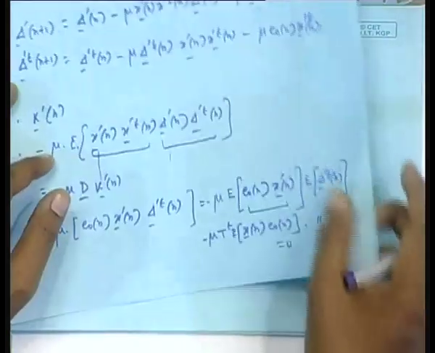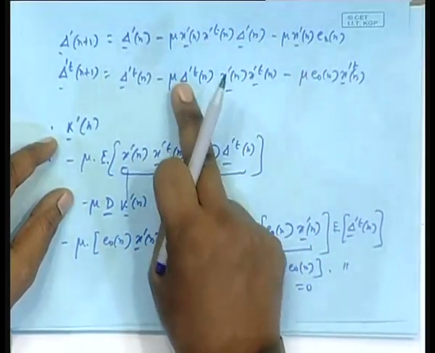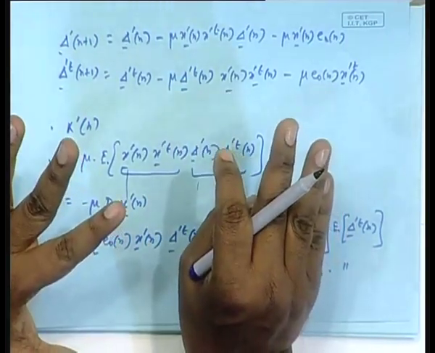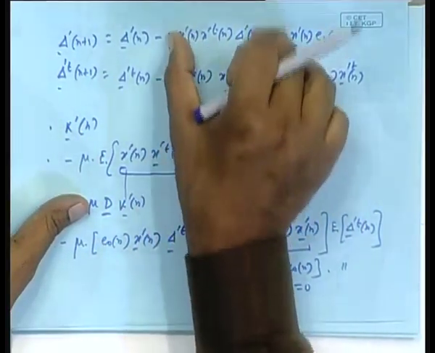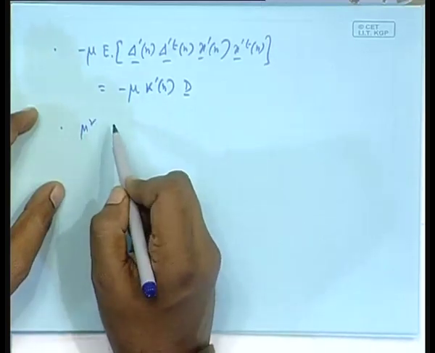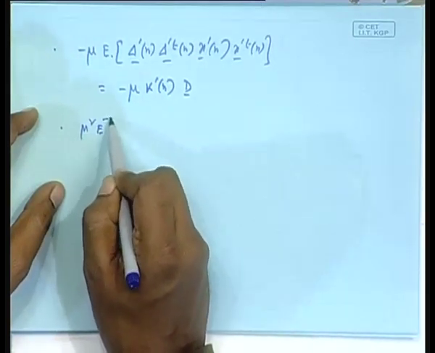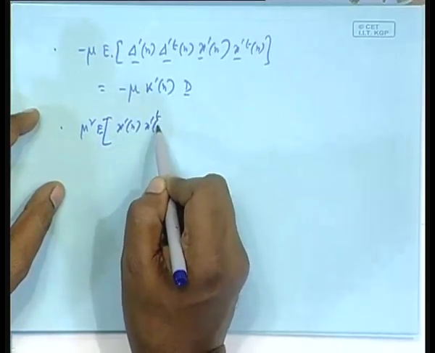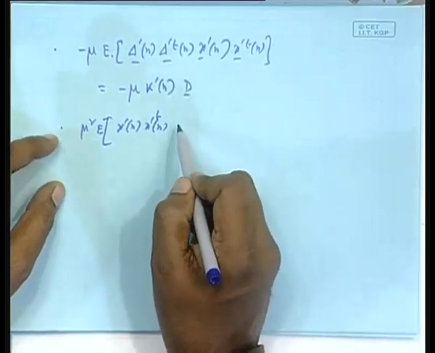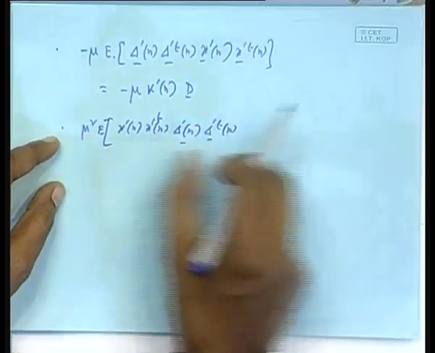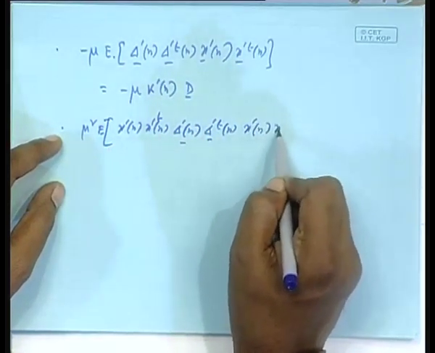So far so good. This term is a huge term, the biggest, and we have to do it separately. It will be plus mu square E of x prime transpose delta prime(n) delta prime transpose(n), and again this thing comes back, x prime(n) x prime transpose.